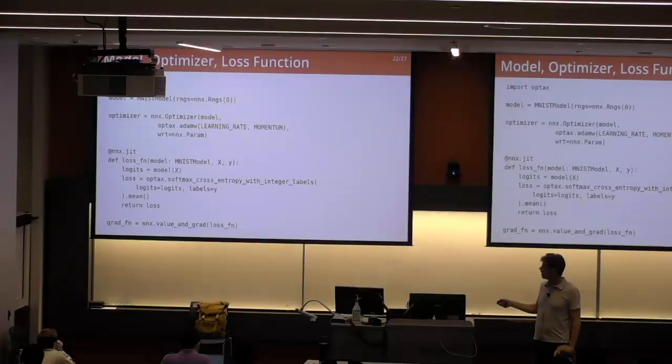So we can just ask NNX to create a function that's going to return the gradients of this loss function at any given point. So this is where the auto differentiation happens. You take this function and you say, give me something that gives the gradients for it.